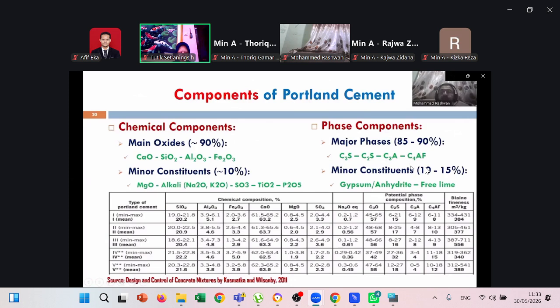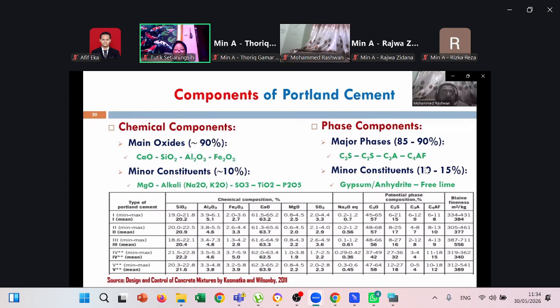While 10 to 15% are minor phases like gypsum, anhydrite, and free lime, which are not actually reactive. Not all limestone is calcium oxide that reacts with silica. Some free lime is not reacted with silica, aluminum, or iron, and is found free in the cement component.